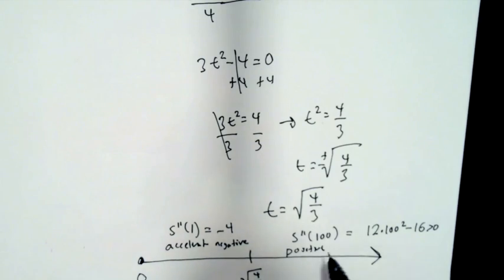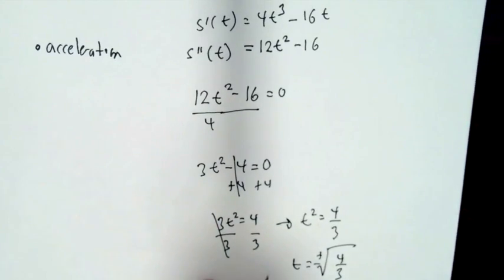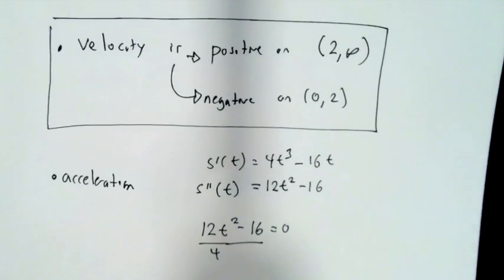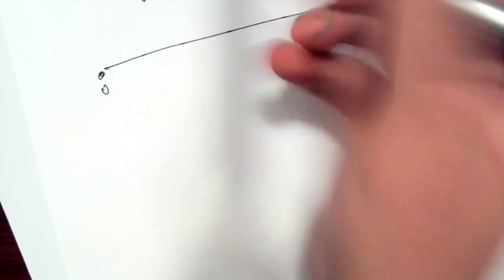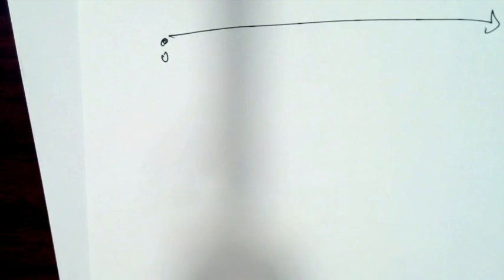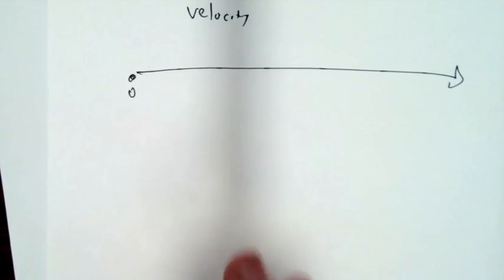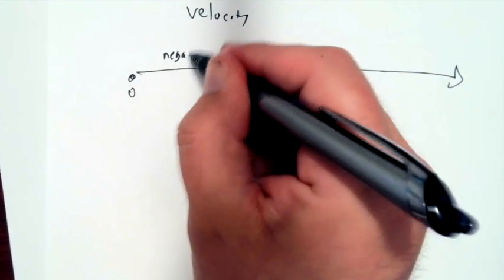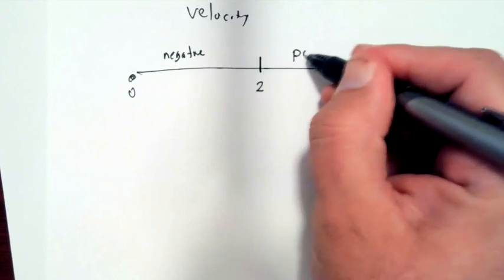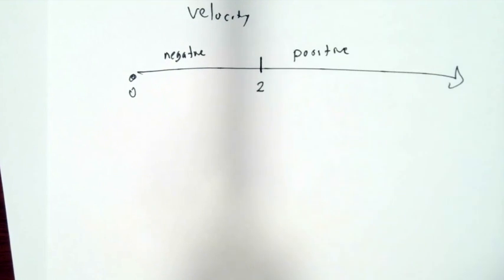So here's what I have. I have that the velocity is negative on 0 to 2 and positive everywhere else.